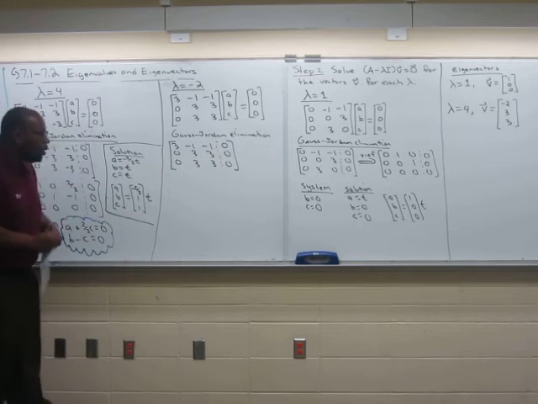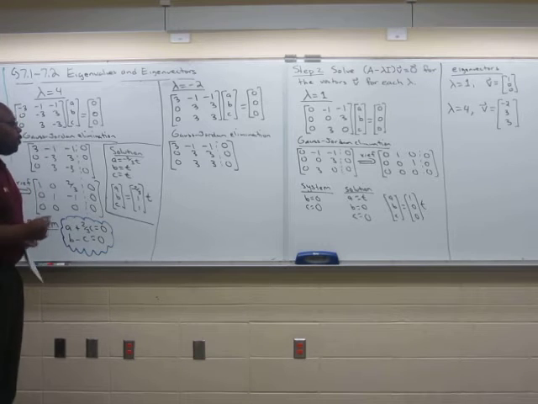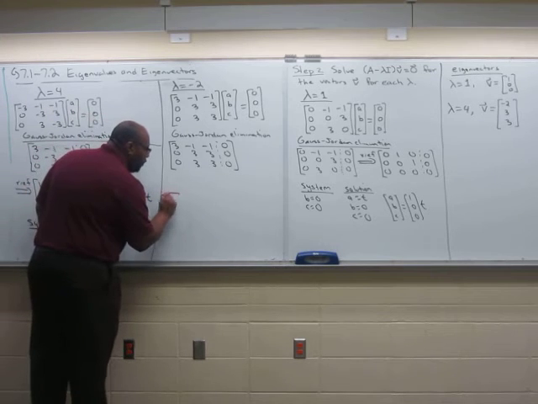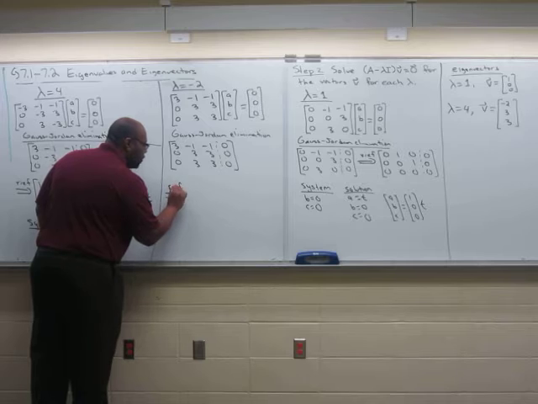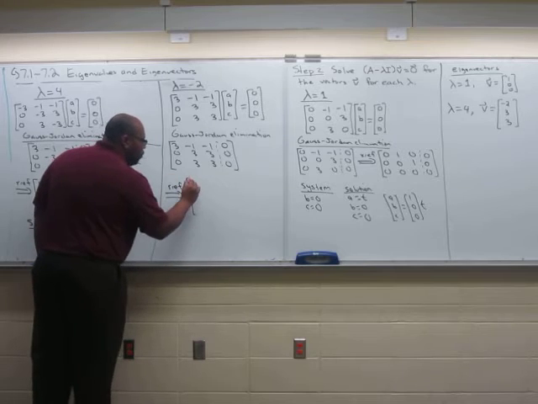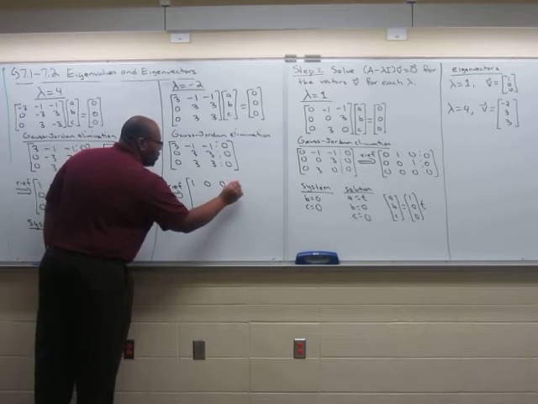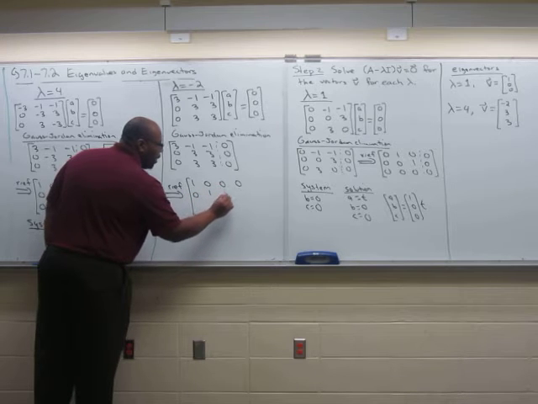All right, the reduced row echelon form of this, I'll have this one already figured out. Thank goodness, don't have to go do that again. Here I have 1, 0, 0, 0, 0, 1, 1, 0, 0, 0, 0, 0.